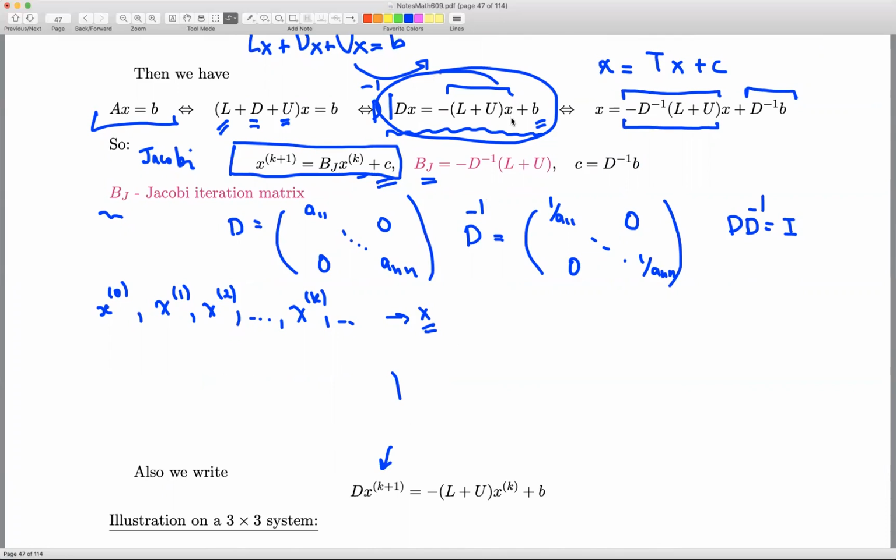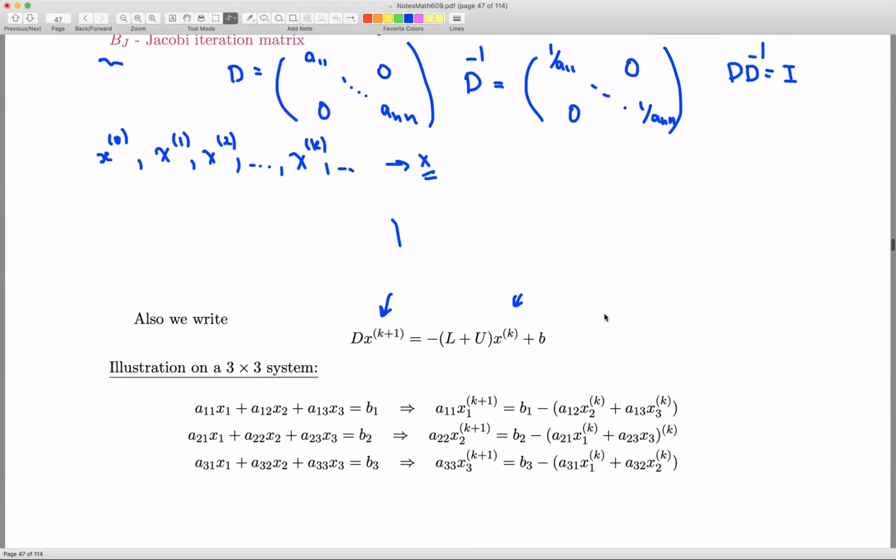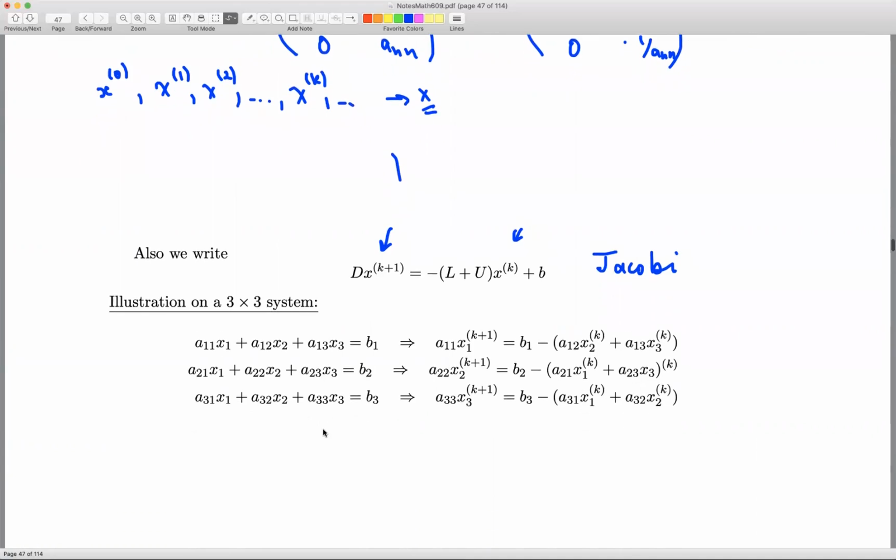Everything that is on the right-hand side we give a superscript k. This is how we usually write the Jacobi iterative procedure when we do not multiply both sides by D. And we will illustrate this on a particular example here of a 3x3 system.